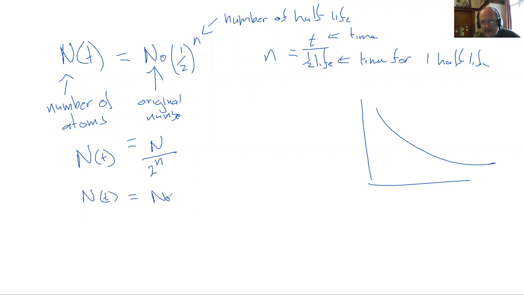So the original number of atoms times e, and because it's a decay, it's going to have a negative exponent, so negative lambda times the time. Now this factor lambda is related to the half-life of the substance. So that's going to equal 0.693, which is a constant due to the fact that we're using e here, divided by the half-life time of one half-life.